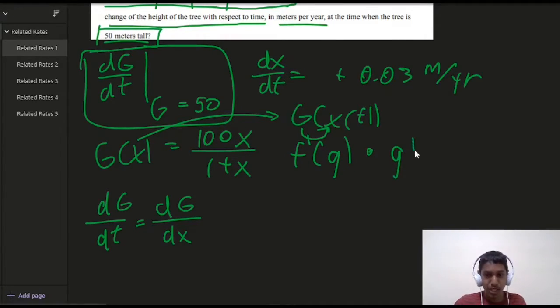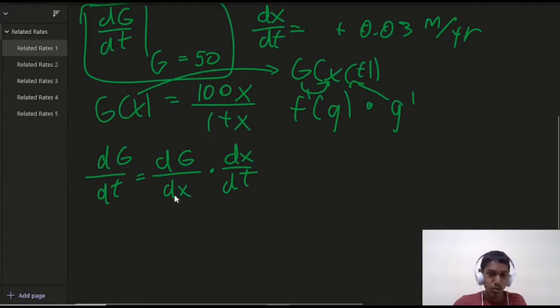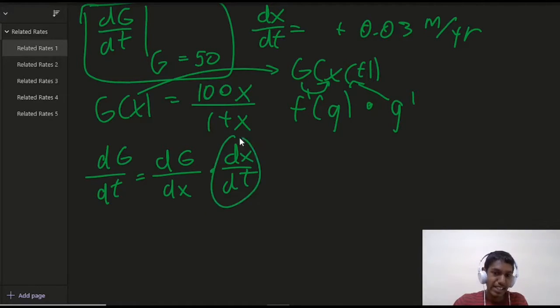And then you've got to multiply by the derivative of the inner function, of course, which is going to be dx/dt. If you don't understand this notation, you can think of this dx/dt as basically, when we differentiate anything implicitly, we have to tack on this dx/dt or dy/dt, and so that's that right there. And then dg/dx is just the derivative of this function with respect to x.